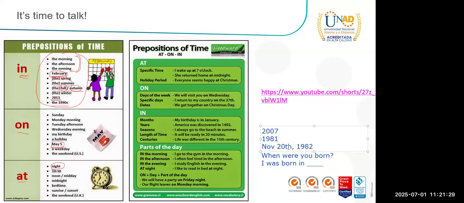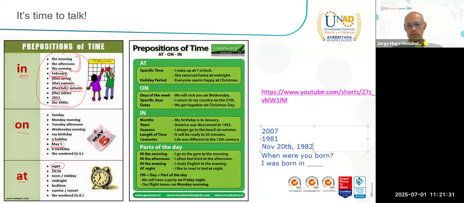Okay. And remember here, when we talk about the days or the dates, the specific date, we don't say 20, we just say 20th, okay? It's different.